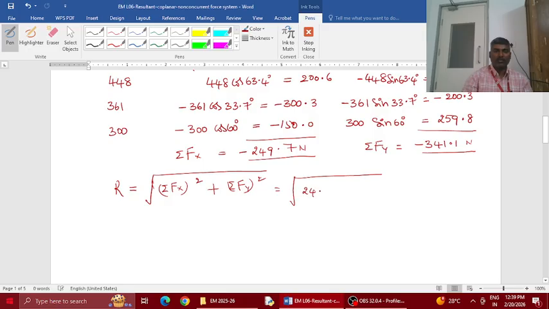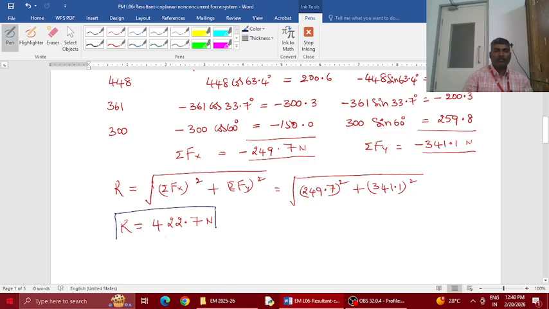So 249.7 whole square plus 341.1 whole square. So total is when you calculate 422.7 newtons is the magnitude of the resultant. Okay.